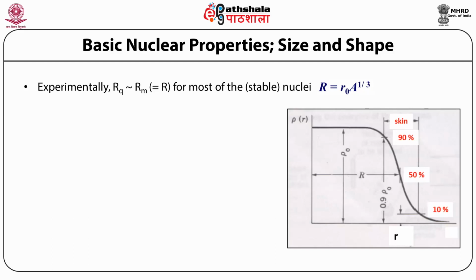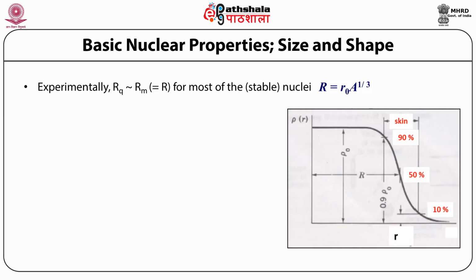The best expression that can relate these two is that R is directly proportional to A to the power something. So the size of the nucleus depends upon the total number of nucleons inside the nucleus. That is, the size depends upon the volume of the nucleus.